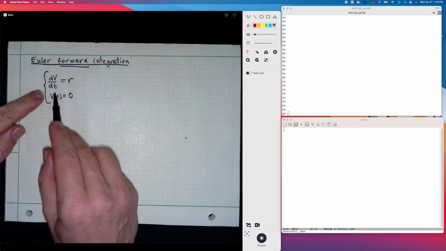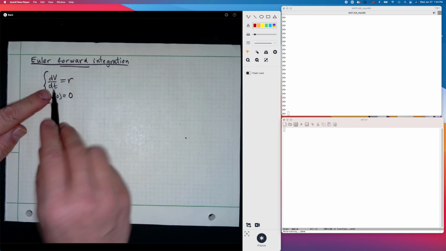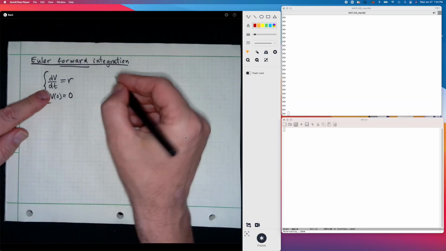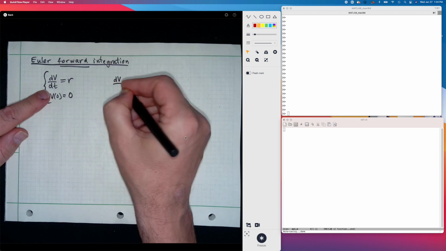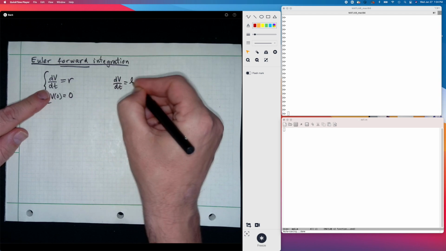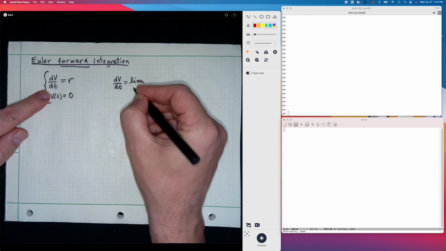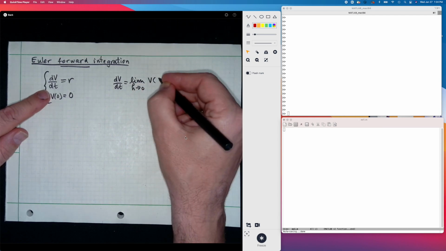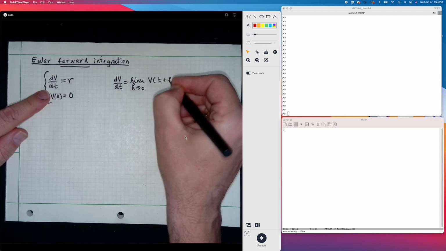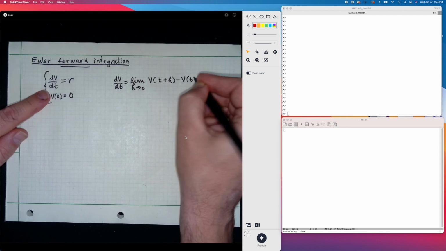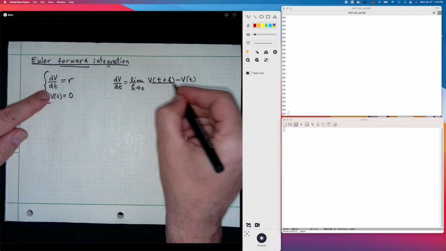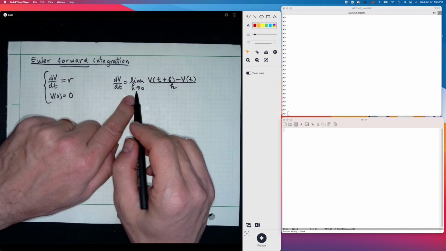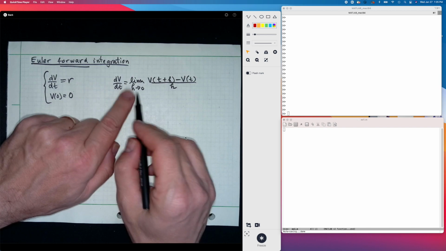On a computer, we will go back to the definition of the derivative, which you remember is dV/dt equal to the limit as h goes to 0 of V at t plus h minus V at t, divided by h. For the numerical solution, we're not going to take the limit.